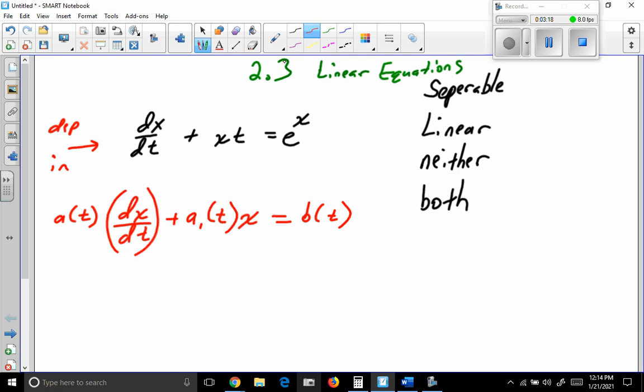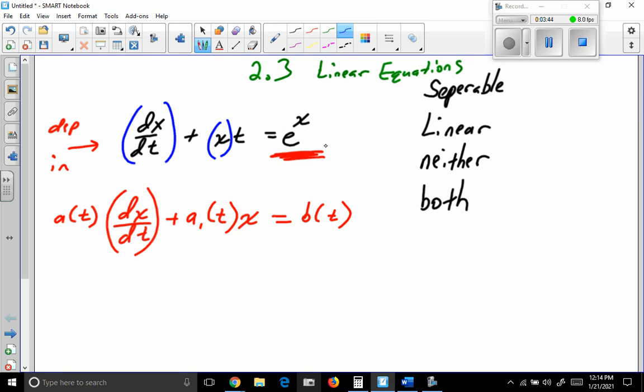So if we take a look at this one, notice that on the right side, we have a function of x. In order to be linear, we have to have derivatives of our dependent variable. We have to have our dependent variable.